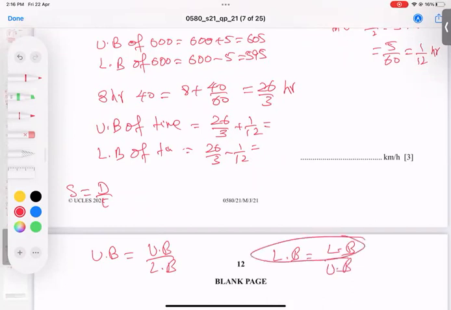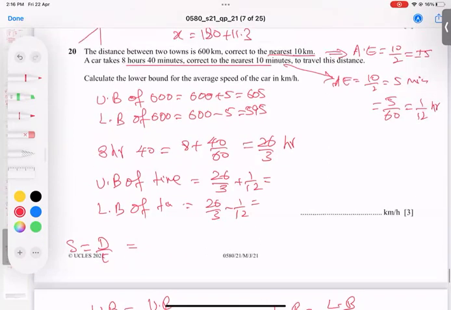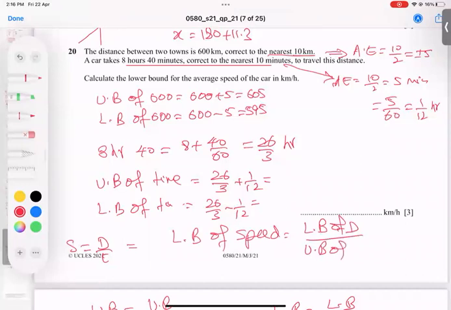So the top part is always the same, and the bottom part is always reversed, opposite, I mean to say. So we are looking for the lower bound of speed: lower bound of distance and upper bound of time.